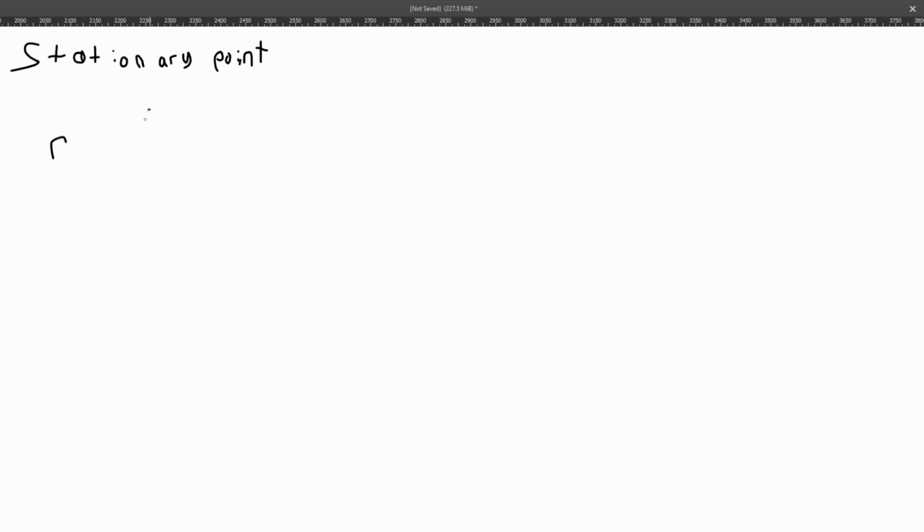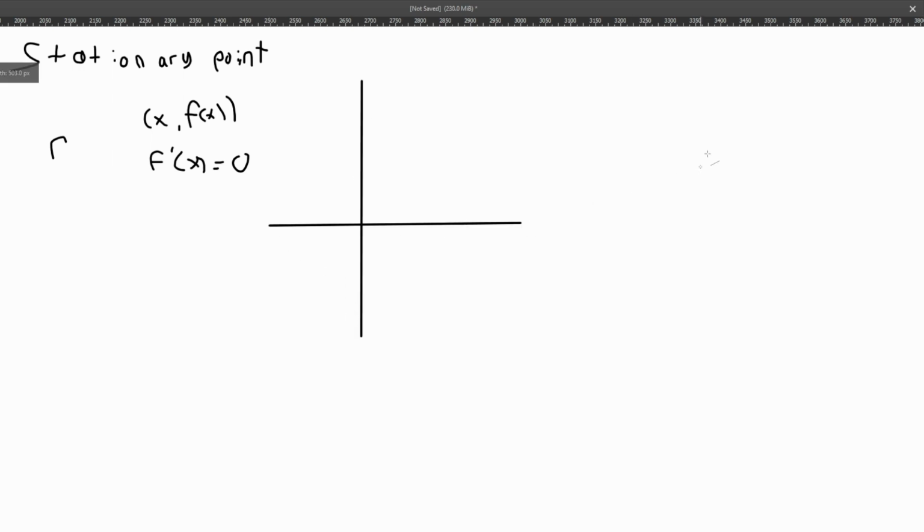So pretty much it's a point on a curve, x, f of x, such that f prime of x is equal to 0. Now this could be in many forms and shapes. For example, let me draw two graphs here.